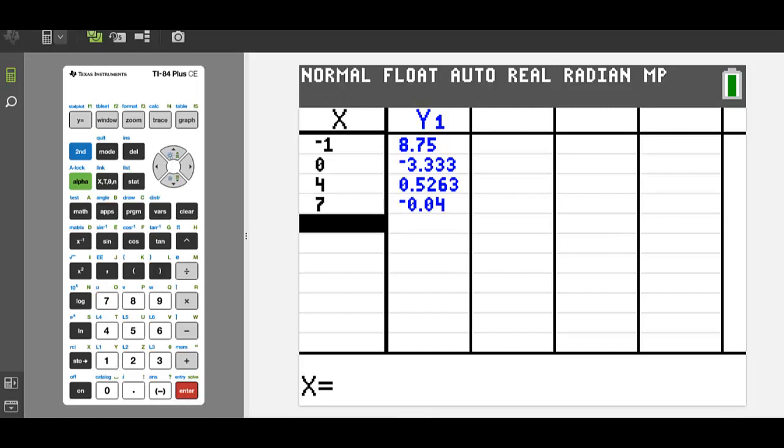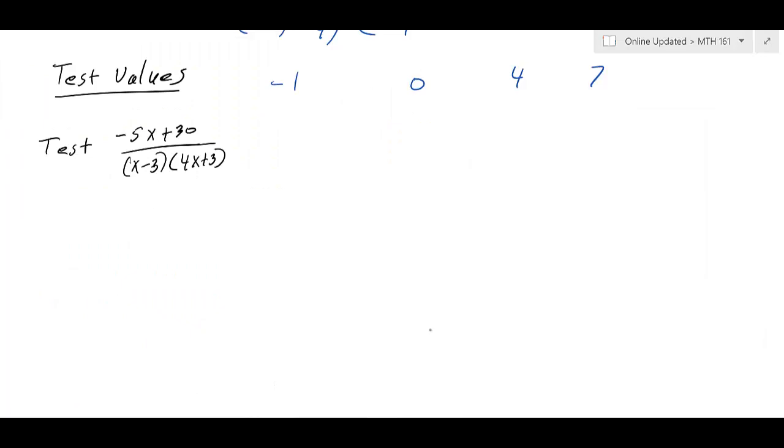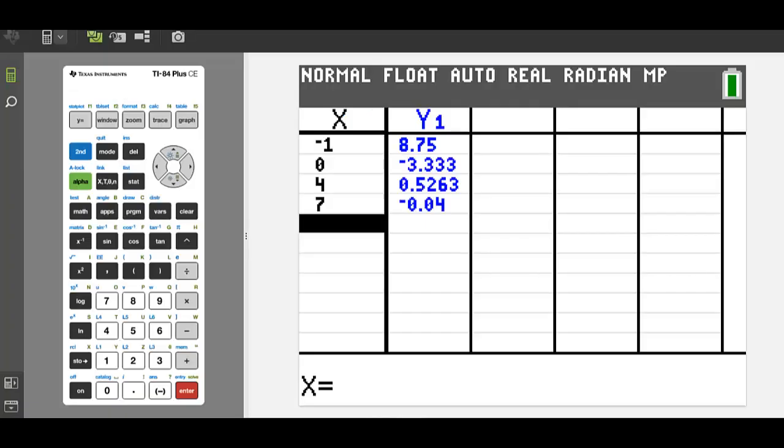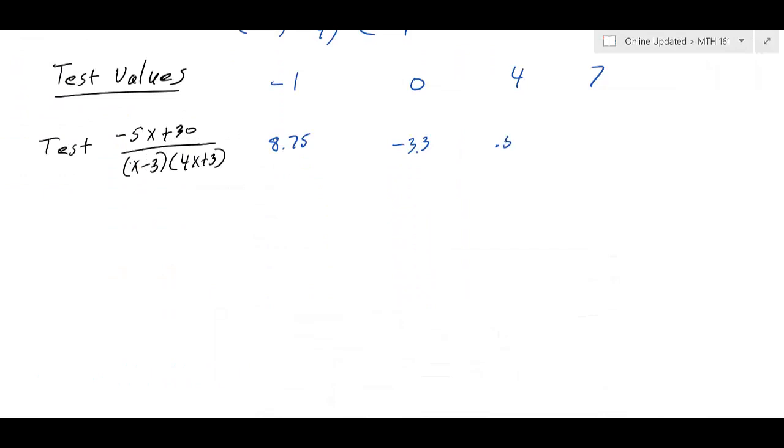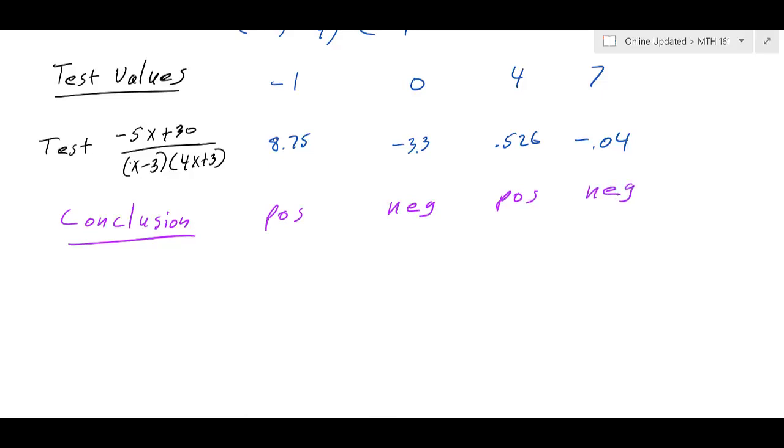We have 8.75, negative, I'll round it 3.3, and 0.526, and we had a -0.04. And once again, as far as what conclusion we're looking for here, we're really concerned with negative or positive. So we obviously have a positive, negative, positive, and negative.